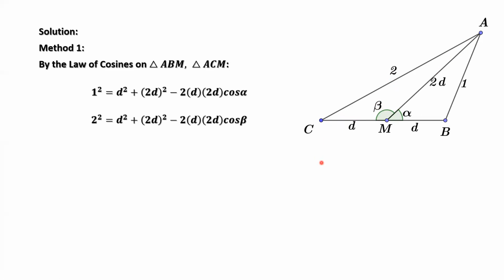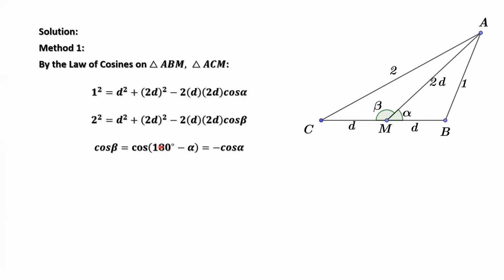What is the relationship between alpha and beta? Alpha plus beta equals 180. Therefore, beta equals 180 minus alpha. If we consider alpha as the reference angle, this angle is in the second quadrant.